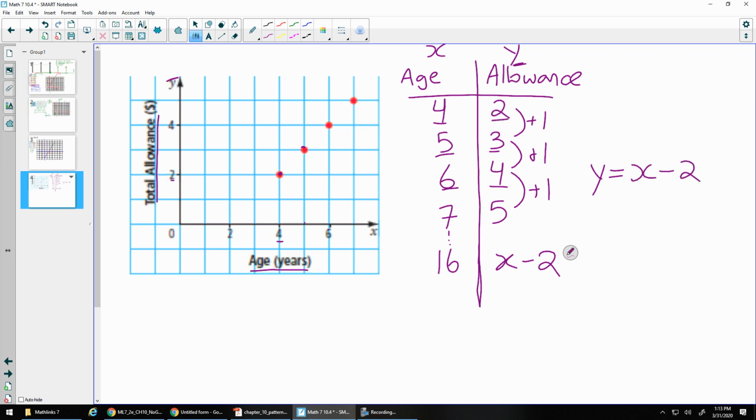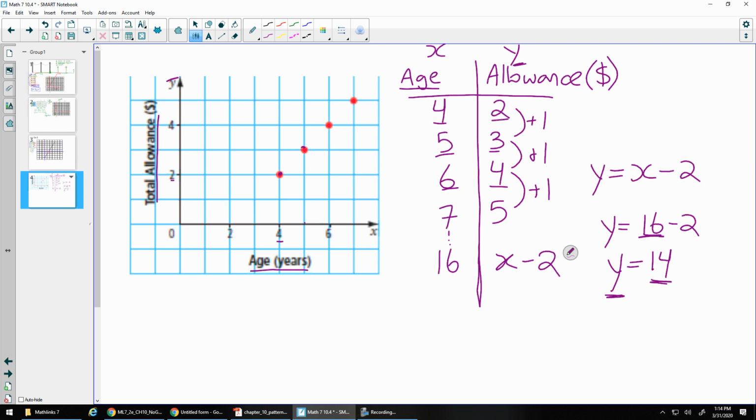If the child is 16 years old, how much will their allowance be? 16 minus 2, so y would be 14. Their allowance would be $14.